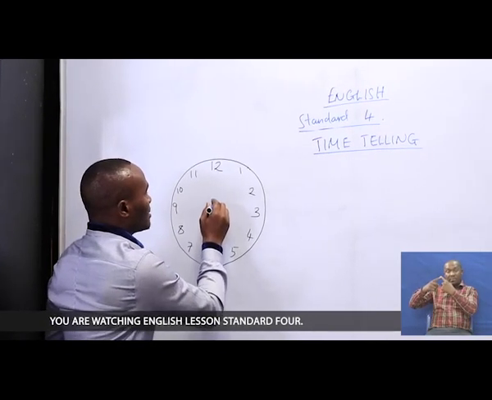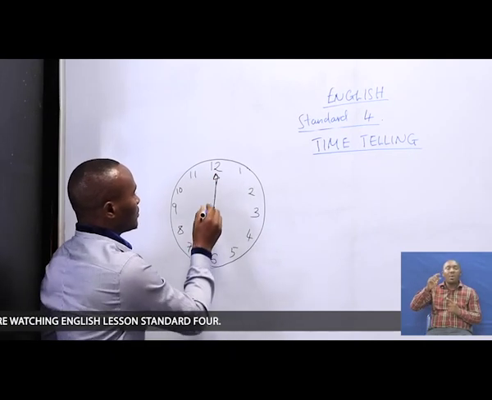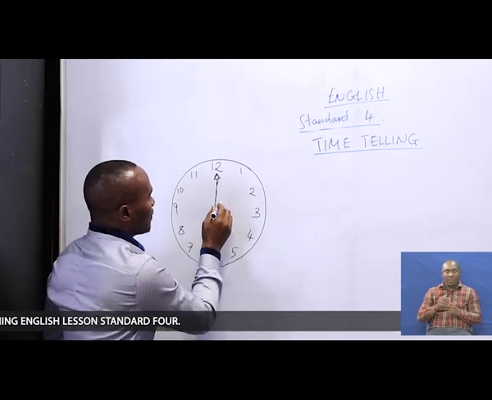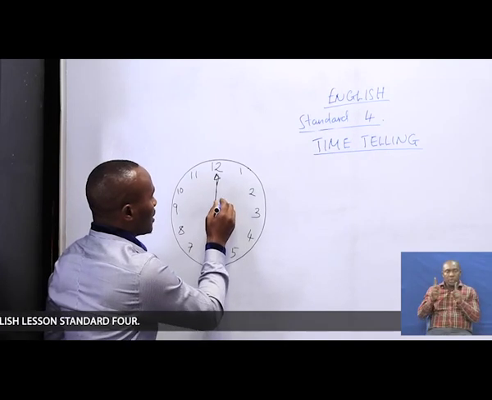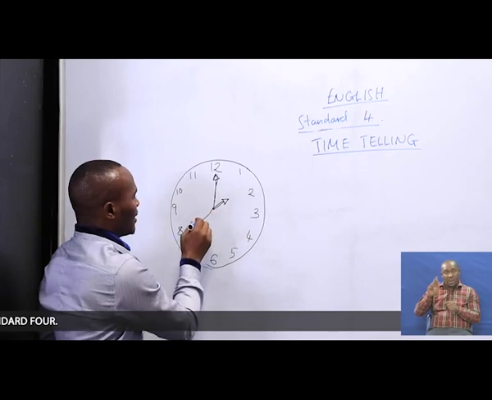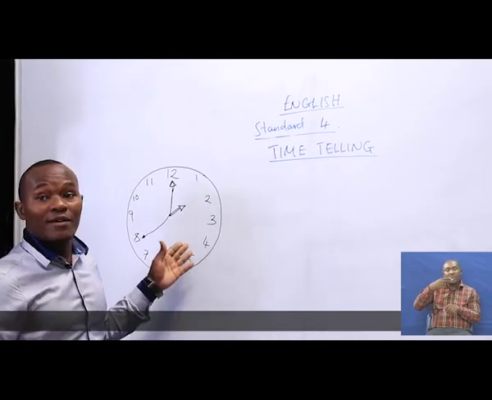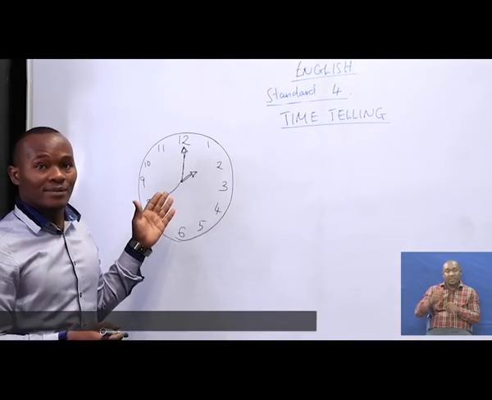This is the long arrow. And we have the short arrow. And we have the thinnest arrow there. Okay, we have 3 arrows on the clock face.